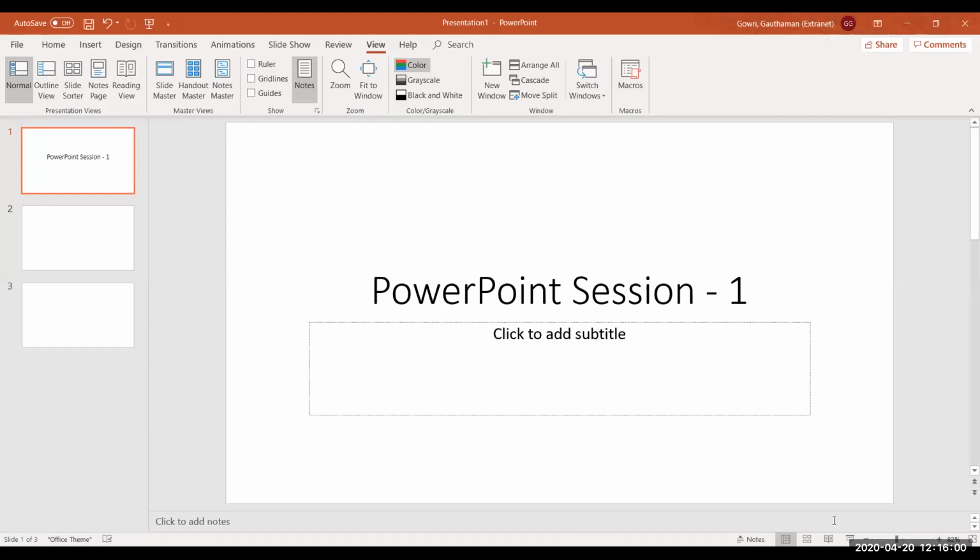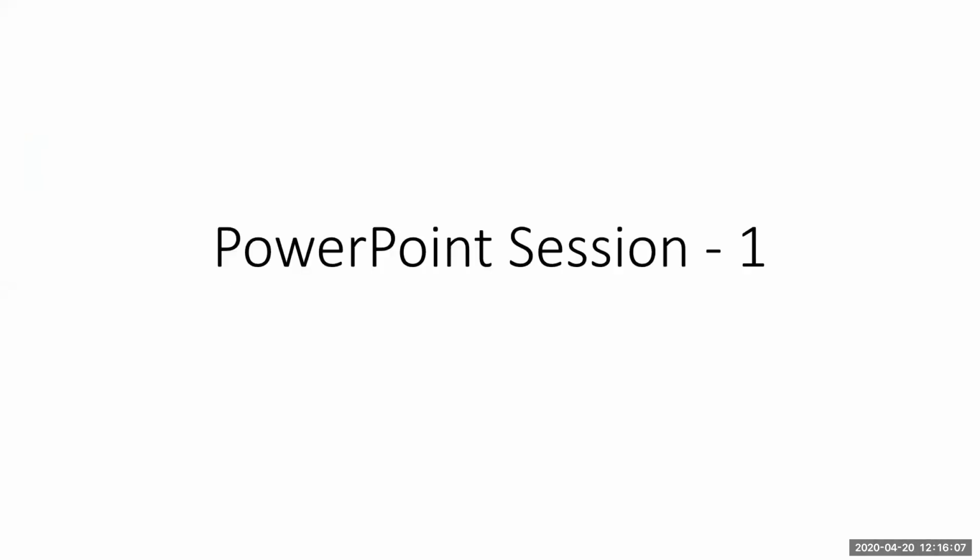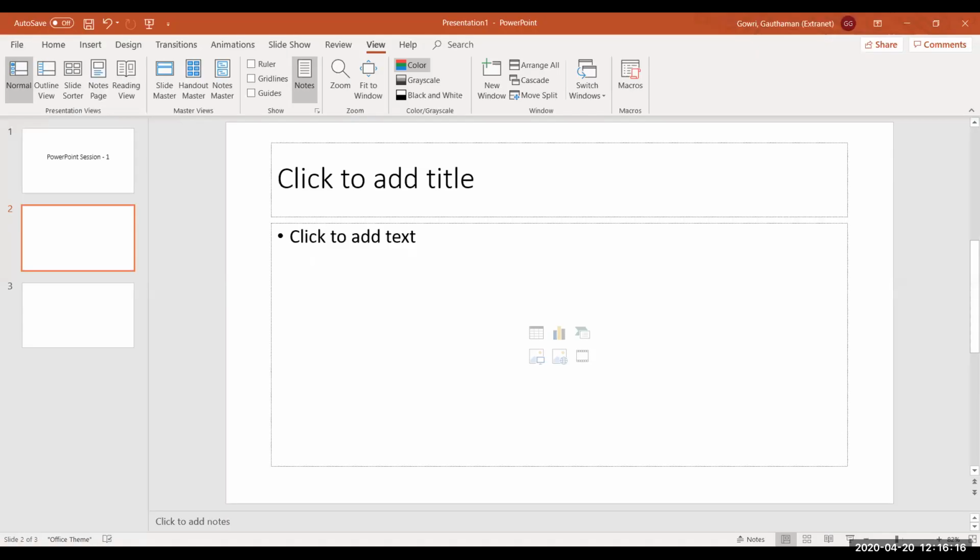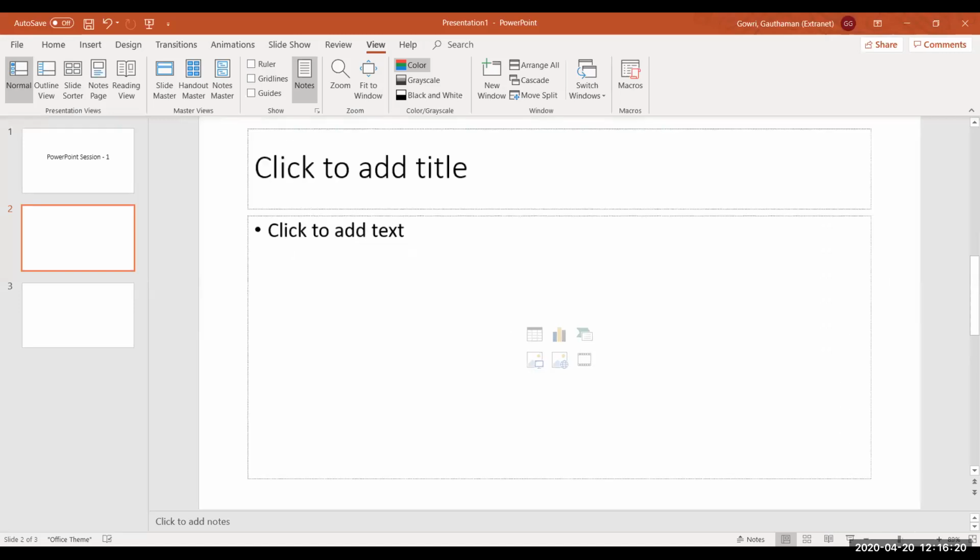You also have a shortcut over here for slideshow. I can just click on it and the slideshow begins. Reading mode and slideshow are different. In reading mode, you can see the content in full screen mode, but it is not a slideshow. You also have a zoom feature here.